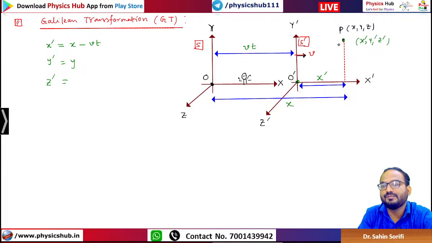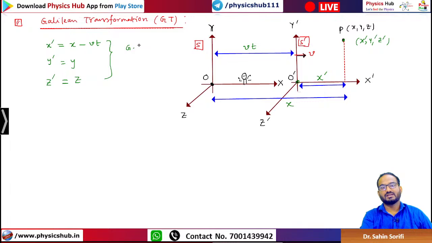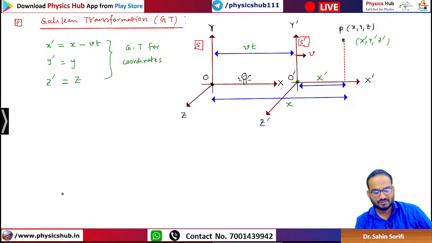Z prime is also the same. Only along the X direction it is moving, so only the X coordinates are changing. So these transformations are called Galilean transformation for coordinates, GT for coordinates.